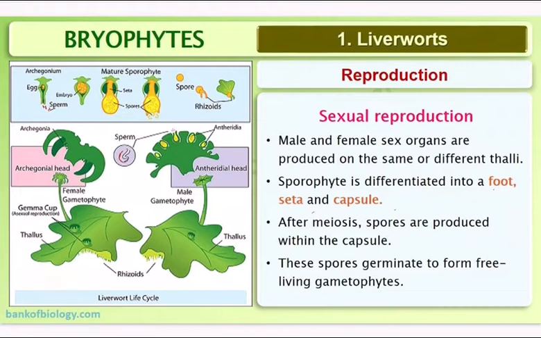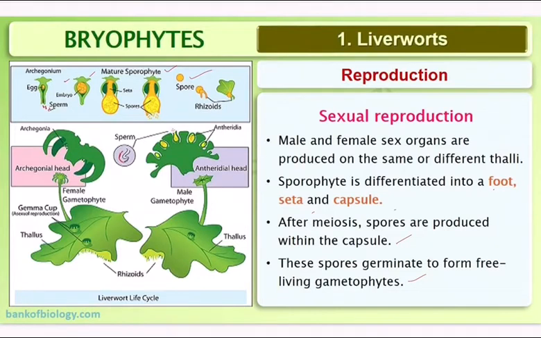What about sexual reproduction? Male and female sex organs are produced on the same or different thalli. The sporophyte is differentiated into foot, seta, and capsule, as we have seen. After meiosis, spores are produced within the capsule. These spores germinate to form the free living gametophyte. That's what I said: the sporophyte will give rise to the gametophyte, and the gametophyte will give rise to the sporophyte.